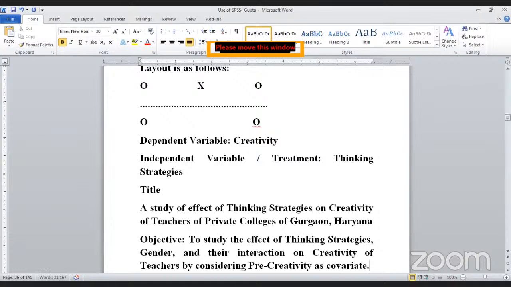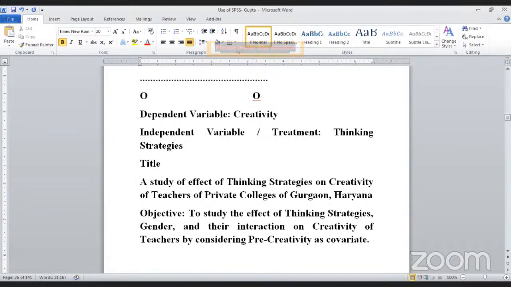So I'm controlling the pre-creativity. So this is the objective.